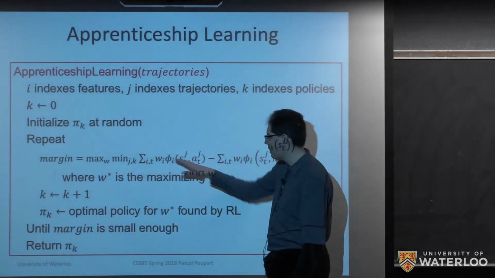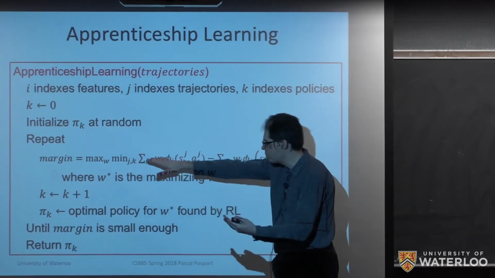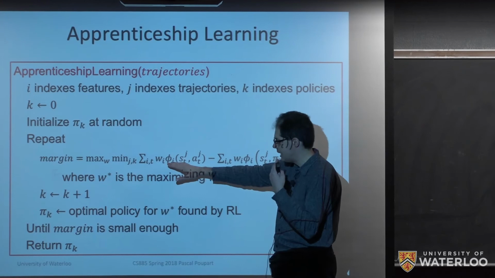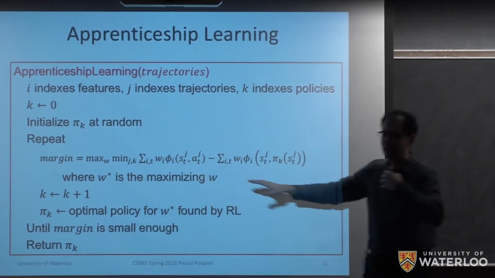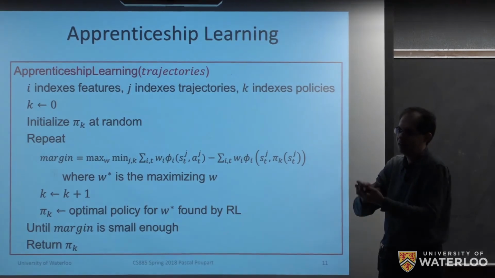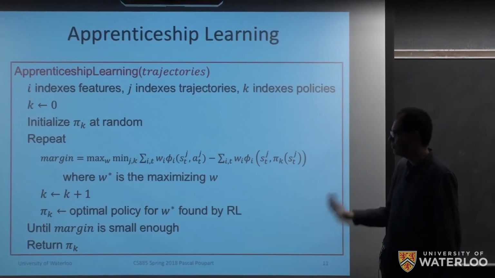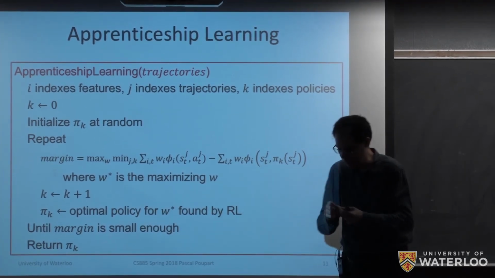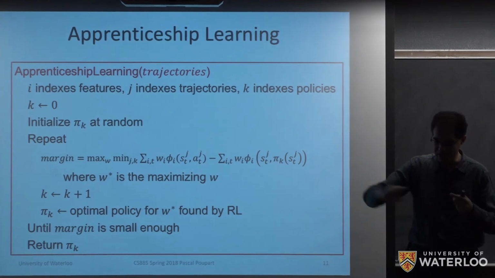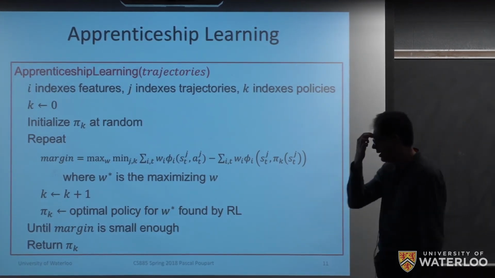Okay, and then what we would like to do is to make sure that now our reward function will show that whatever the expert chose is at least as good, in fact, much better than what any other policy would choose. So here I could look at the sequence as well of states that are obtained by executing a different policy.